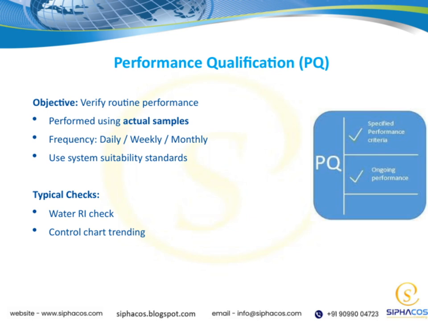These checks are crucial because they help us maintain quality and consistency in our performance, tying back to our overall goal of ensuring reliable and compliant operations. Remember, routine PQ is about catching issues early and confirming that everything remains within acceptable limits.